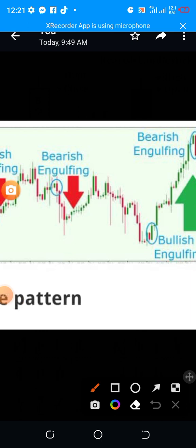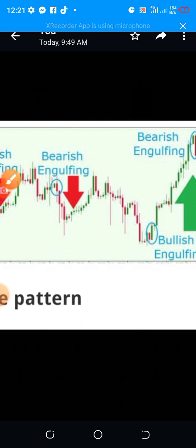From here up to here was a bearish trend, and then a bullish trend comes from here up to here. There is a very good example here which we can use: bearish and bullish engulfing.